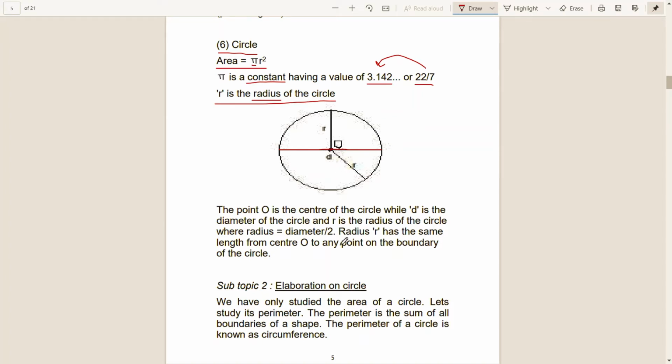Another point, radius R has the same length from center O to any point on the boundary of the circle.